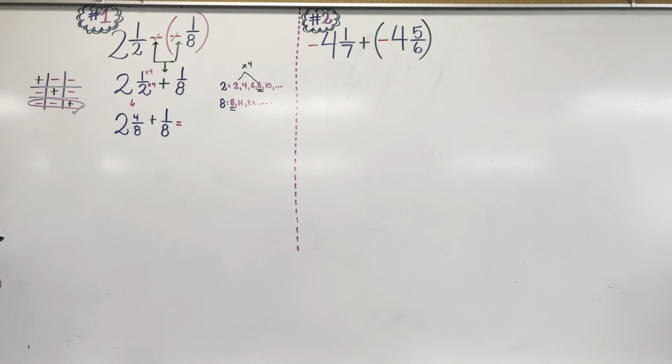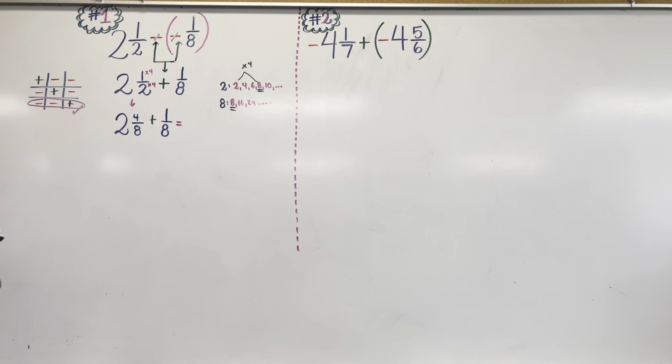Let me draw this as an illustration. For 2 and 5/8, let's act like we have 3 pieces. The denominator lets us know the number of slices within each piece, so each piece has 8 slices.